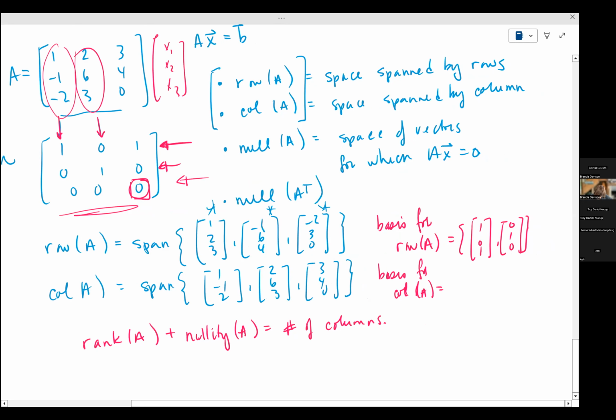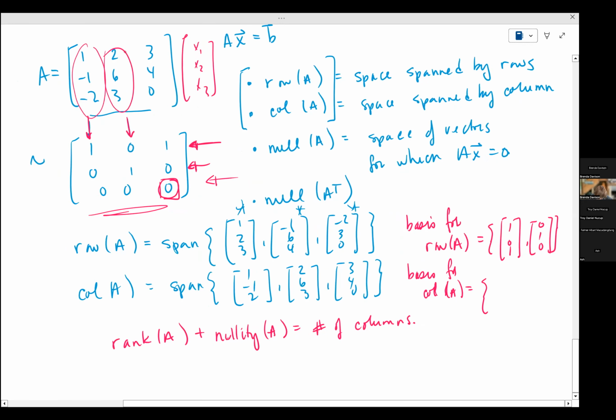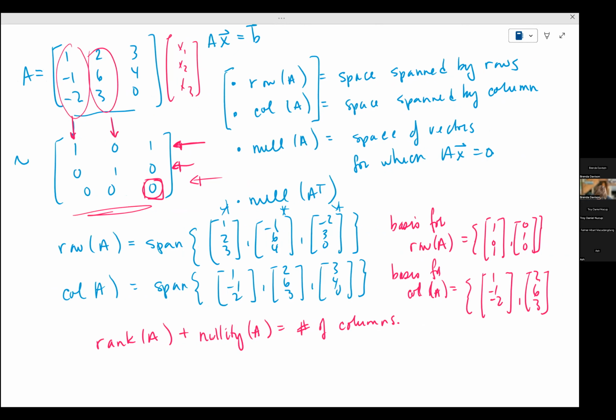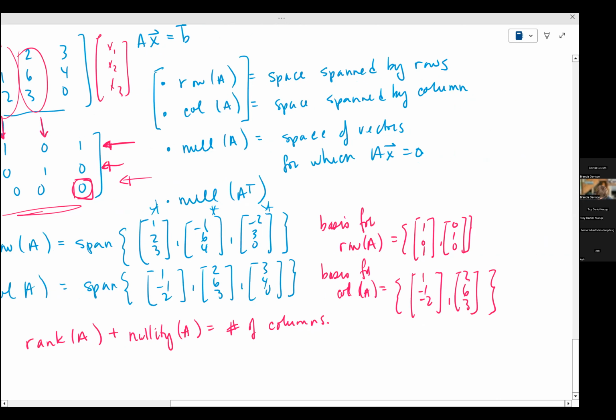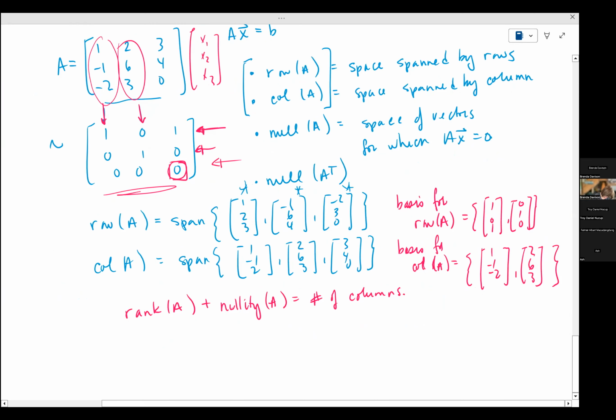So that is going to be 1, minus 2, 1, and 1, 2, 6, 3. Now, all of these statements here are only correct if this is like that, which it probably isn't, right?